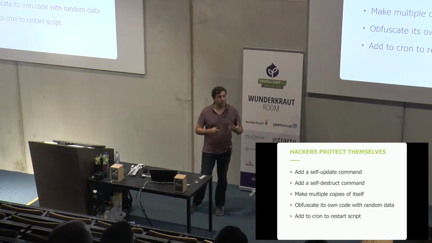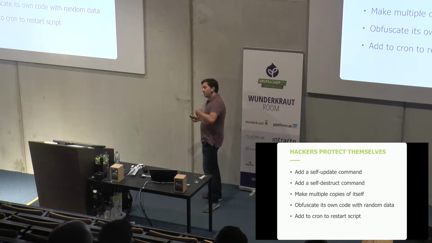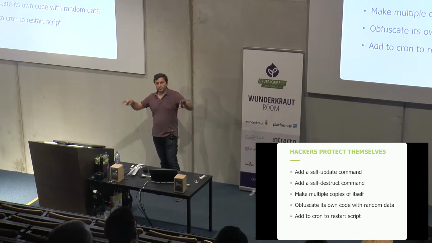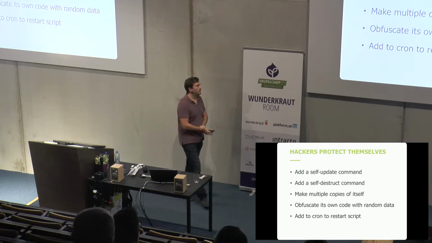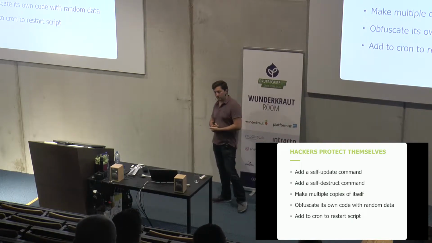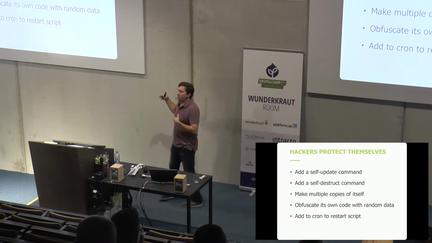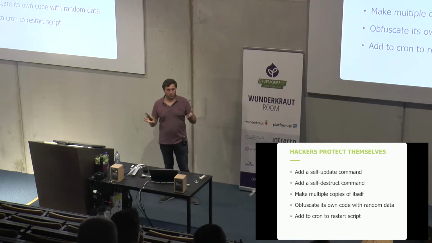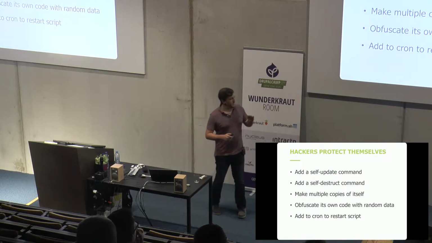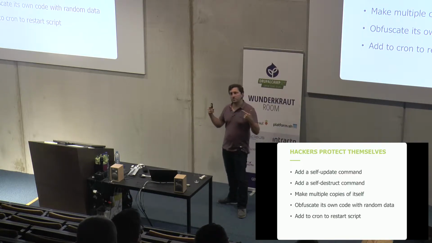Shells usually make extra copies of themselves, so if you found a single version, chances are there are going to be 5 or 6 other versions somewhere spread around on your directory structure. You won't find the 6th one. All of them have this obfuscated code, the minified, ugly code that makes it hard to read and look at what it's going to be doing. And a lot of them have a system that adds themselves to cron.